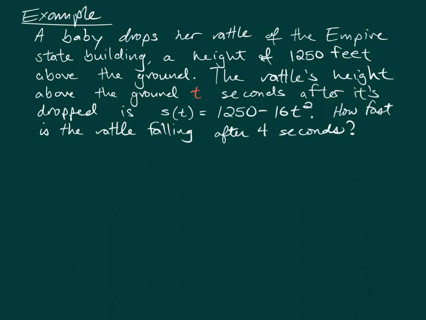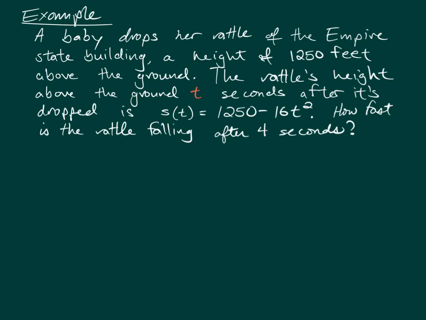Example: a baby drops her rattle off the Empire State Building at a height of 1,250 feet above the ground. The rattle's height above the ground t seconds after it's dropped is s of t equals 1,250 minus 16t squared. How fast is the rattle falling at 4 seconds?